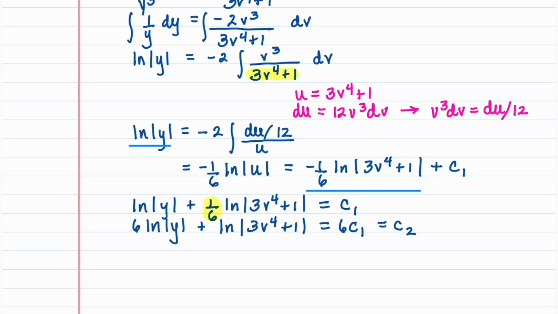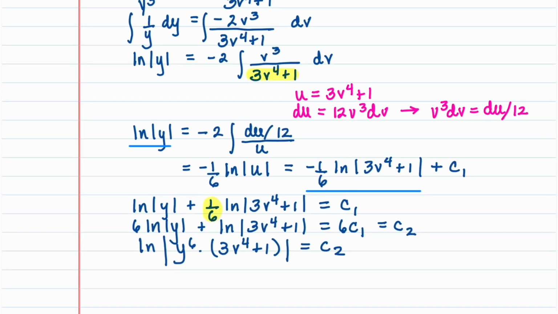Now we can combine our logarithms. This gives us natural log absolute value y to the 6th times the quantity 3v to the fourth plus 1 is equal to c2.